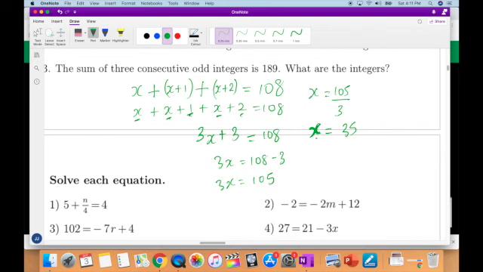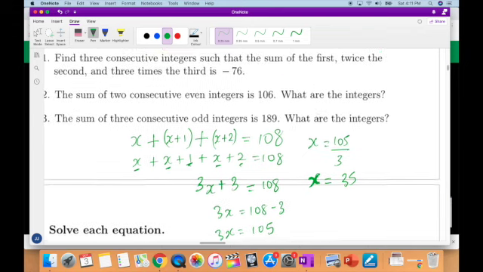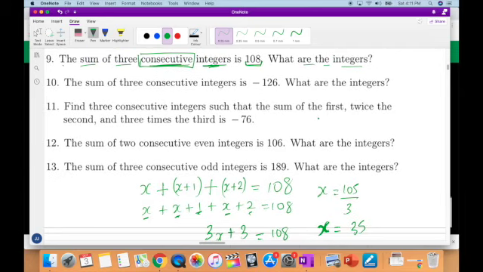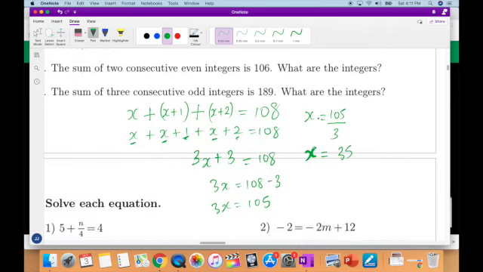What was the question? That is a good question. Look at the question up here. That one in green there. So they want the 3 integers.